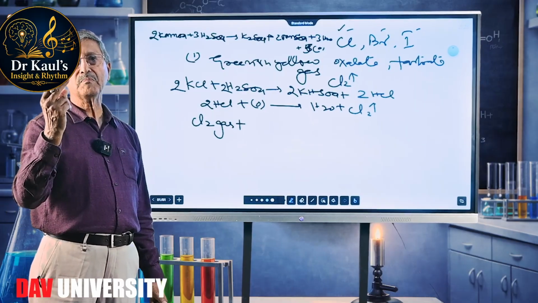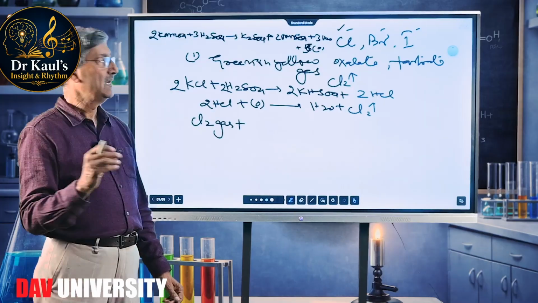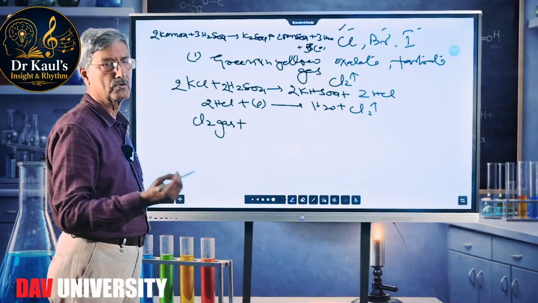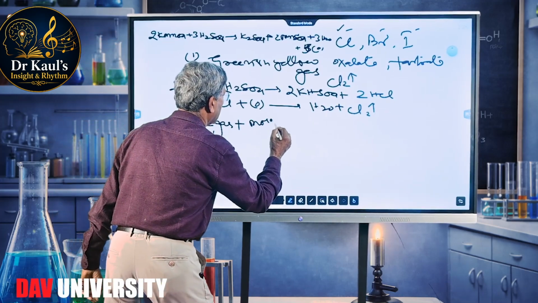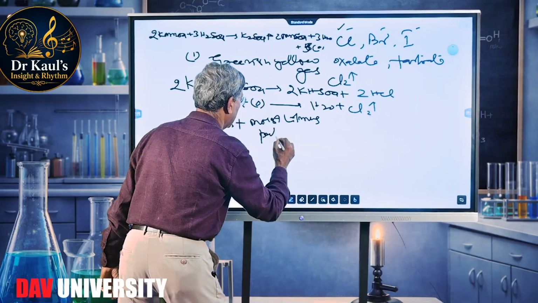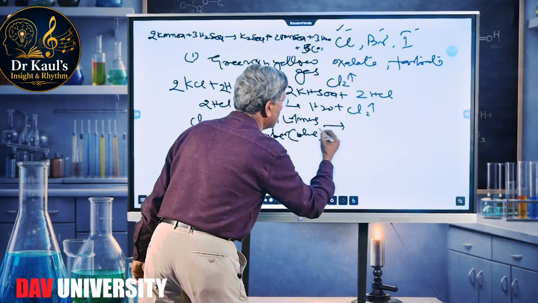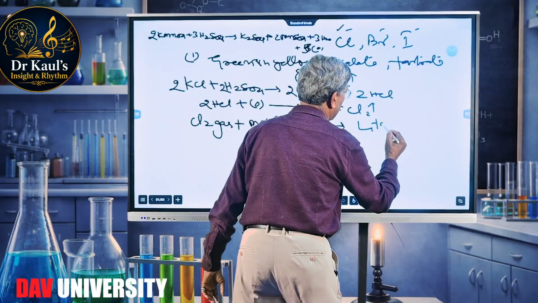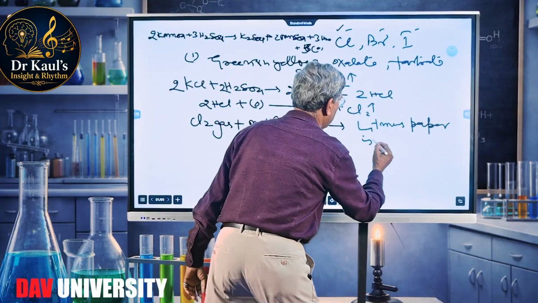Then that filter paper cutting gets dried up and is bluish in color. When this moist litmus paper is brought in contact with chlorine gas, the litmus paper gets bleached.